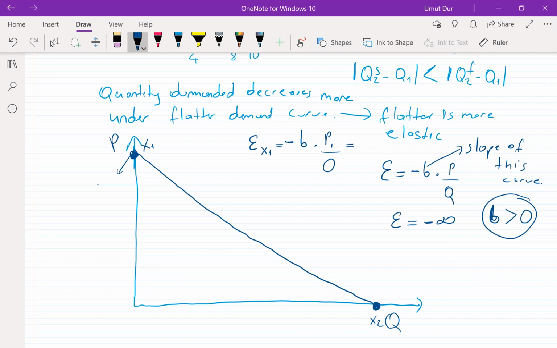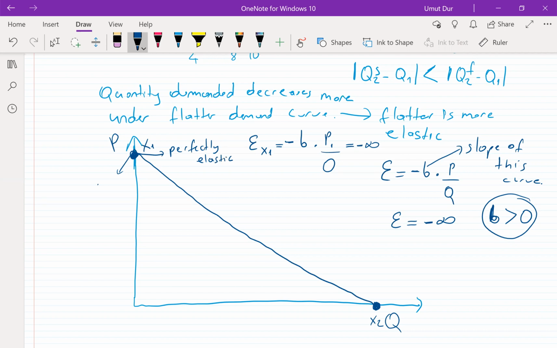No matter what b or p1 is, the answer will be minus infinity. You are dividing some negative number by 0, and you get minus infinity. So the elasticity at this point is perfectly elastic.